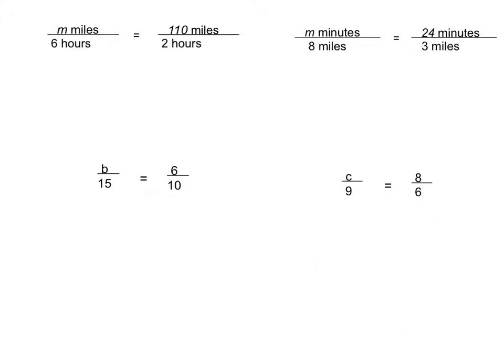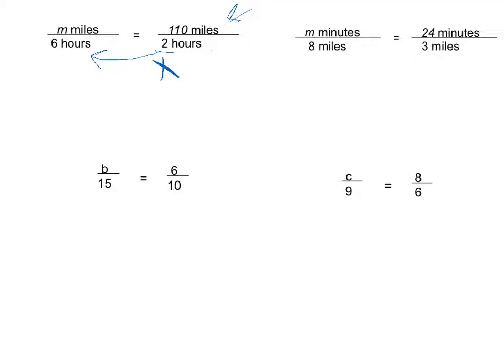Okay, here we have 4 quick examples of when you have proportions set up and all you have to do is solve them. Notice that they did set them up correctly because they have miles on top of hours, and they were consistent, and the second time, miles on top of hours. So in this first one, I'm going to try the fraction method. I say to myself, what do you multiply 2 by to make 6?